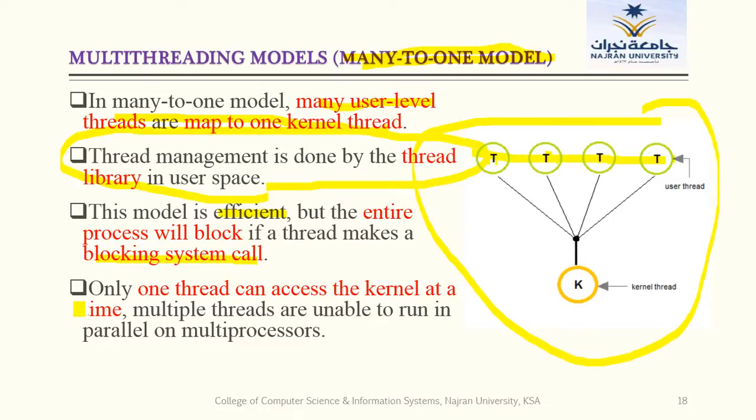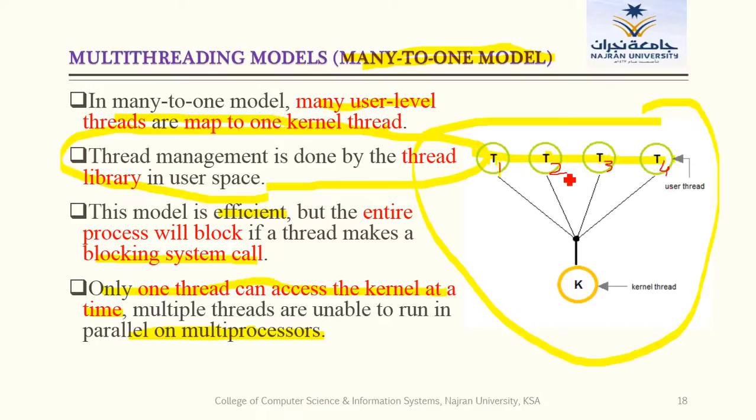Also, another disadvantage is that only one thread can access the kernel at a time. Multiple threads are unable to run in parallel on a multiprocessor system. If we are using the many-to-one model, only one thread can access the kernel at a time, maybe T1.